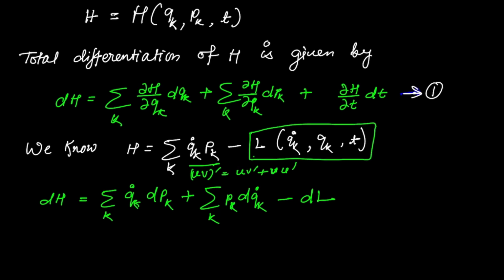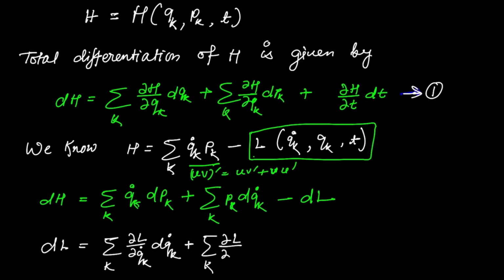What will dL be equal to? From this expression, we will get dL equal to summation over k of del L by del qk dot dqk dot, plus summation over k of del L by del qk dqk, plus del L by del t into dt.